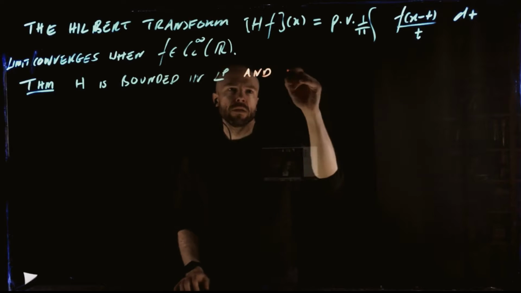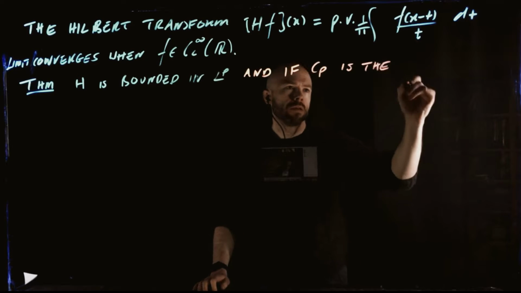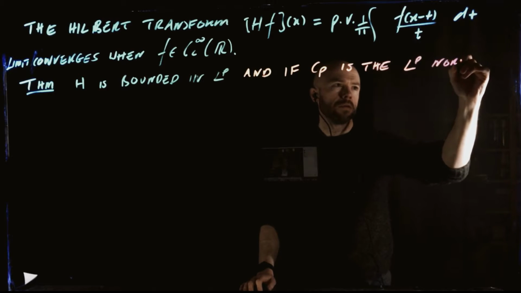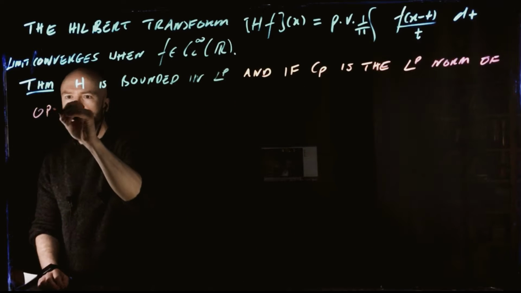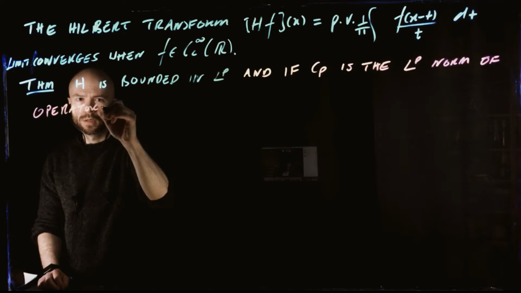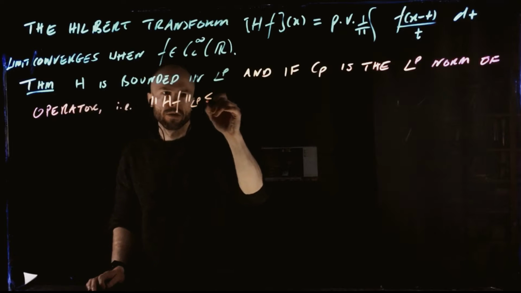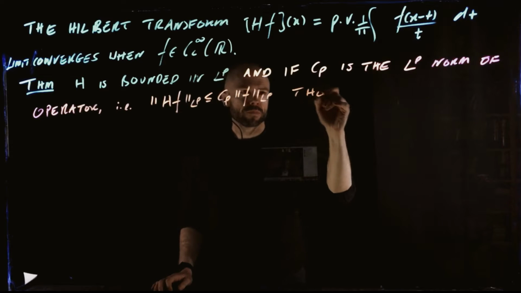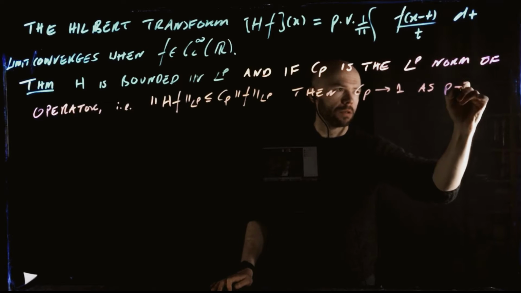And if C_p is the L^p operator norm of the operator, i.e., if we have that the norm of H of f in L^p is less than or equal to C_p times the norm of f, then C_p tends towards 1 as p tends towards 2.